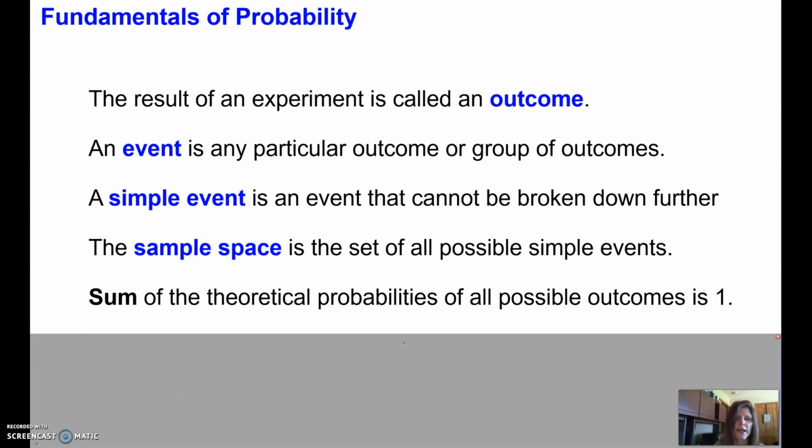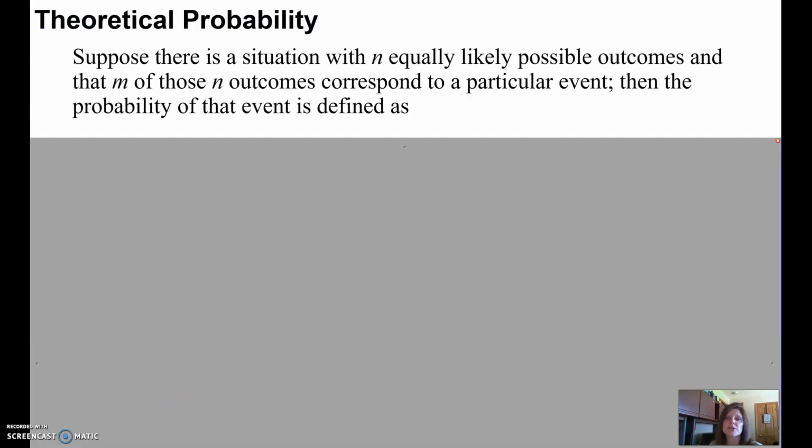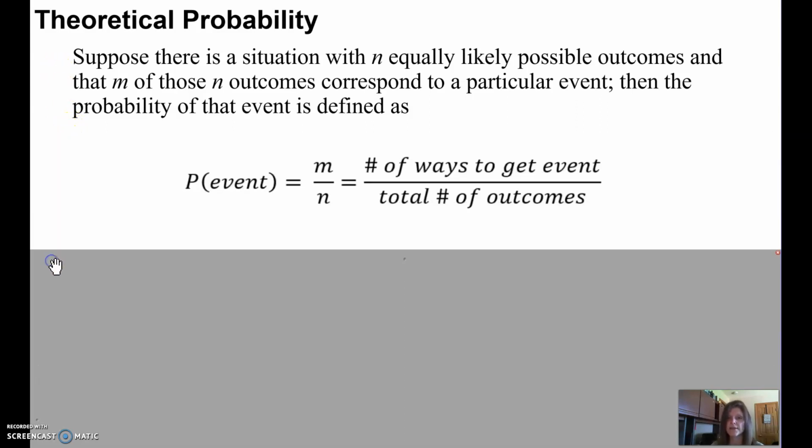Let's take a look at the definition for theoretical probability. It's kind of mathy, so just go with me here. It says, suppose there is a situation with n equally likely possible outcomes, and that m of those n outcomes correspond to a particular event. Then the probability of that event is defined as a fraction.